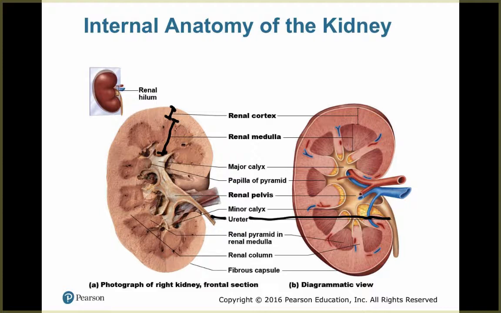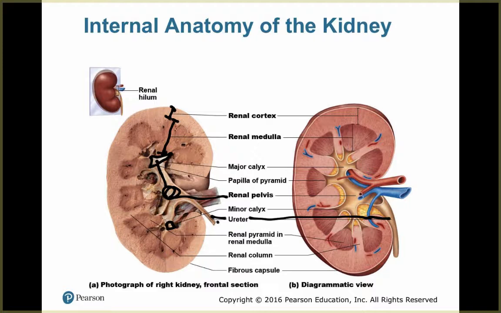Now on here, when you're talking about this main area, you have the renal pelvis in this area here. And then it's going to get a little bit smaller, and you're going to notice that's the major calyx here, and the minor calyxes are a little bit farther out here.